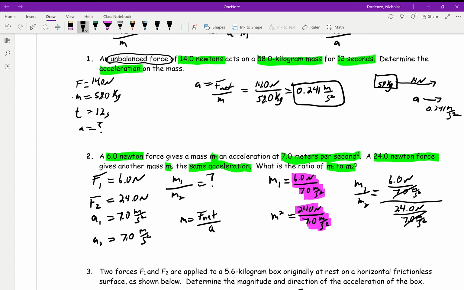Our accelerations being the same will cancel from each other. And our ratio becomes the ratio of the first force to the second force, which is 6 over 24. Same units, so the ratio comes out to 1/4. The ratio of m1 to m2 is 1/4.